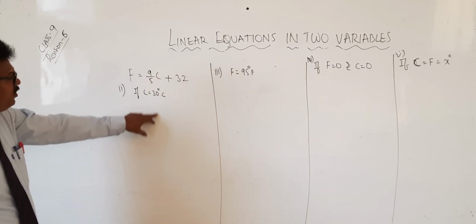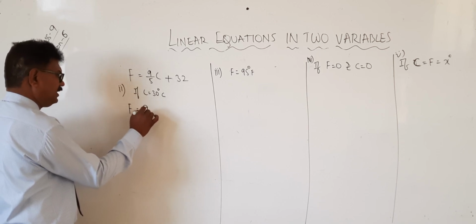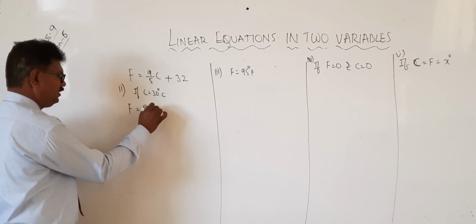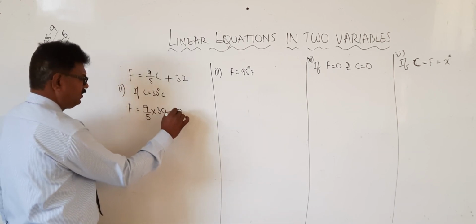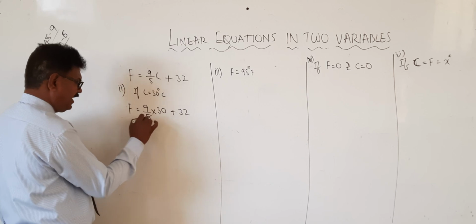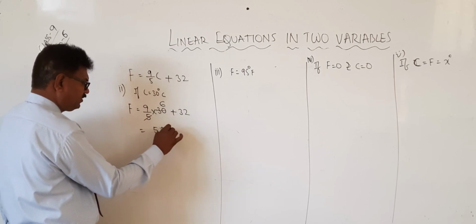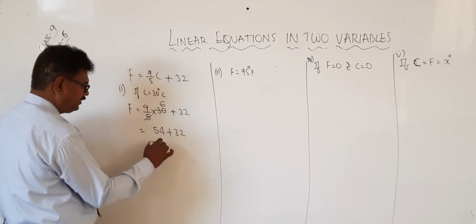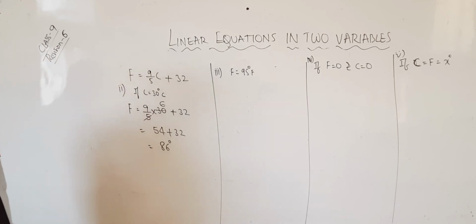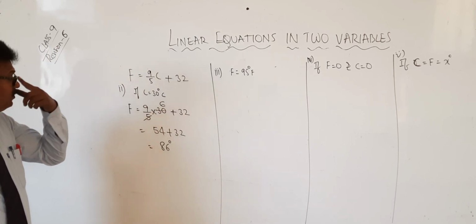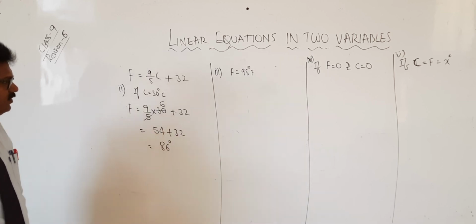If C equal to 30 degrees, then F is equal to 9 by 5 into 30 plus 32. Therefore 54 plus 32. It is nothing but 86 degrees. Okay? 54 plus 32, that is 86.